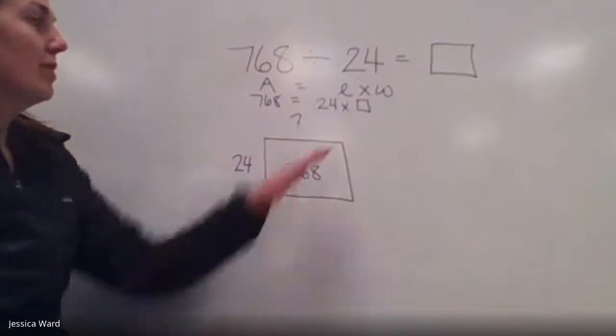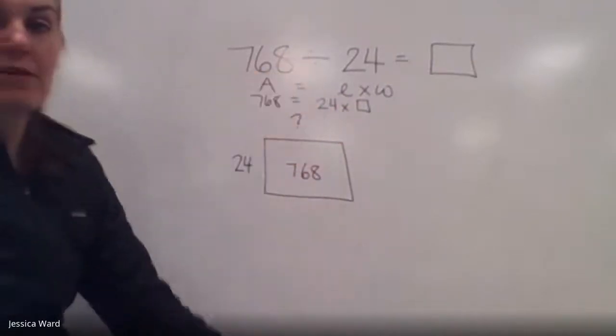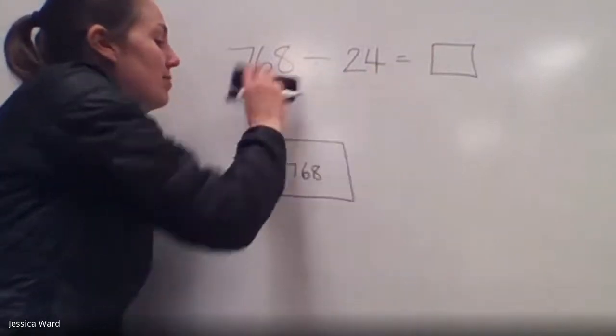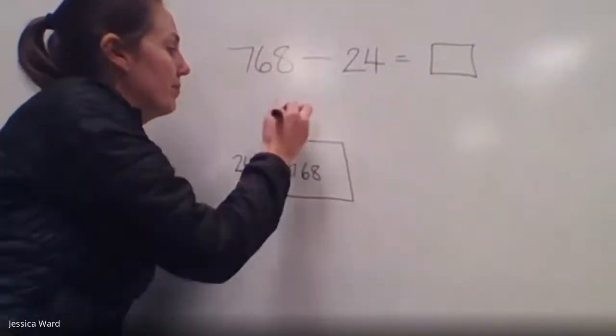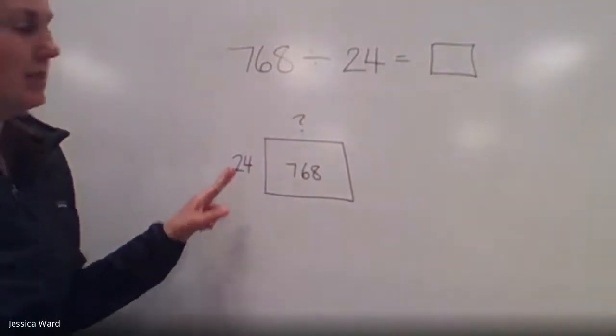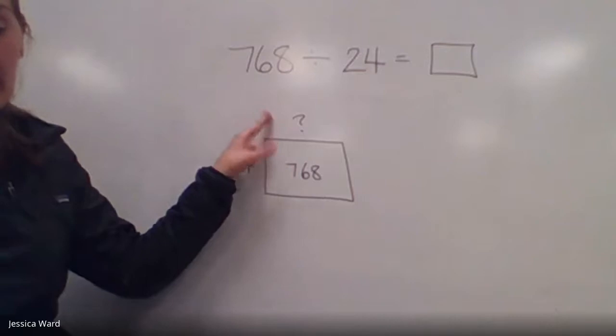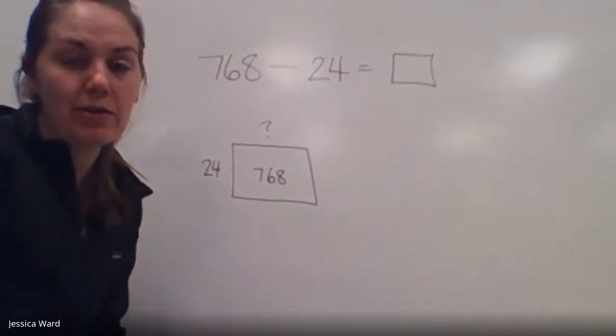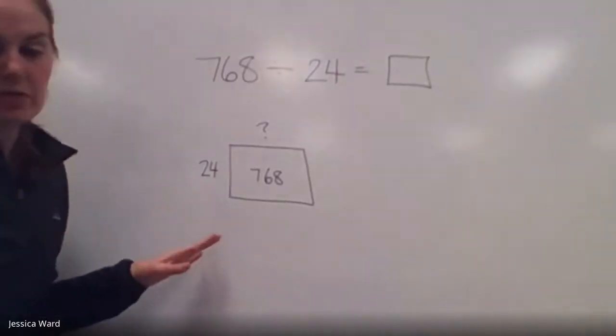So we don't know one of the numbers yet, but we can use that inverse property of multiplication, of division, to go ahead and solve. So right now, I have 768, I have 24 on one side, and I have an unknown number on the other. Okay? So first, I'm going to think about what would get me close.